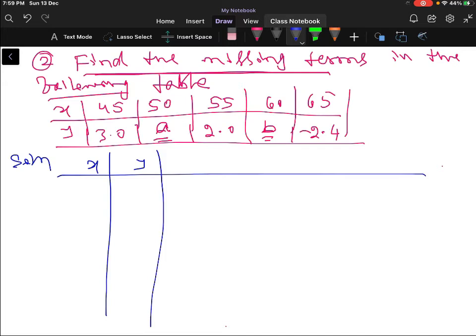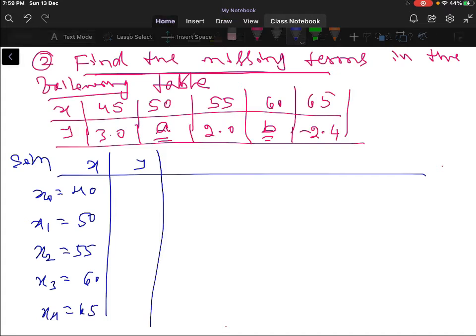X and y are given. So x is 45, that is x0. X0 is 45. X1 is equal to 50. X2 is equal to 55. X3 is equal to 60. X4 is equal to 65.